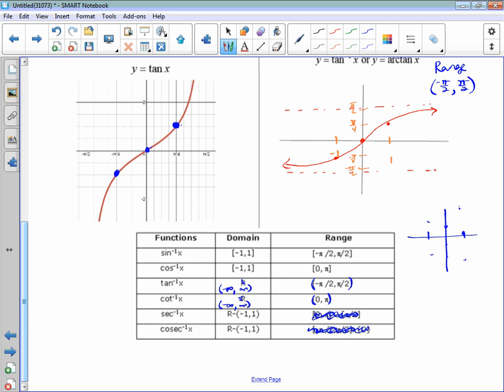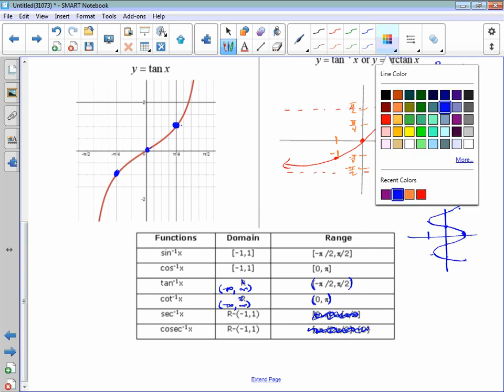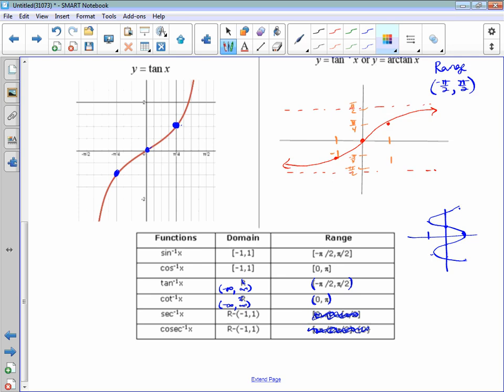This is just a quick way to make sure you guys see. So if I wanted to turn that into secant, I'd have, right, asymptotes and these guys. You with me here?